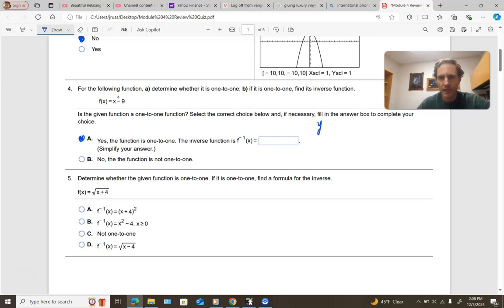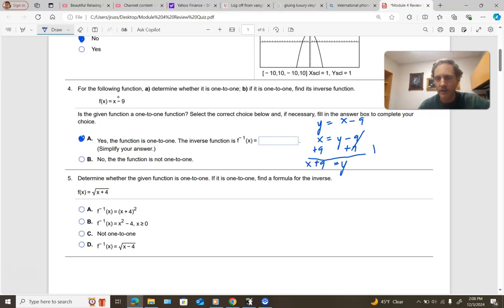You replace the f of x with y, and then you swap the x and the y, and then you solve it for y. So with one like this, to solve for y, all we're going to have to do is add 9 to both sides, and we get y is equal to x plus 9.